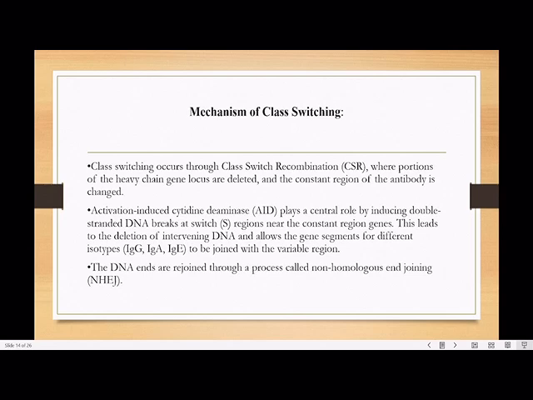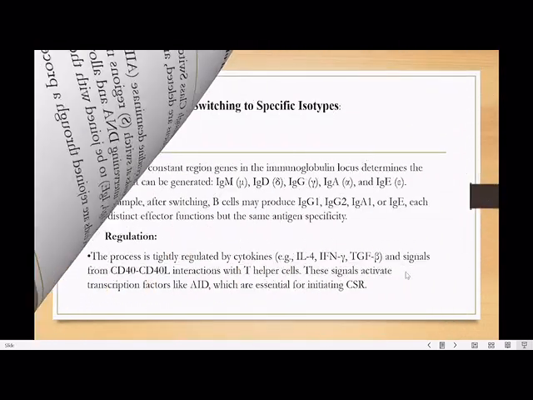This leads to deletion of the intervening DNA, allowing the gene segments for different isotypes such as IgG, IgA, and IgE to join with a variable region. The DNA ends are rejoined through the process called non-homologous end joining.